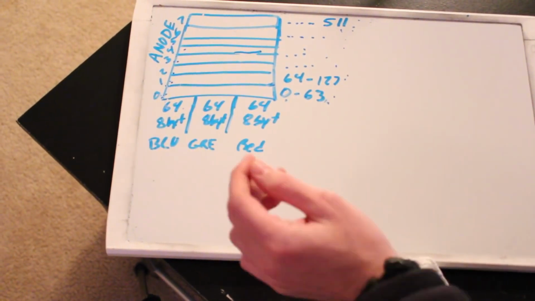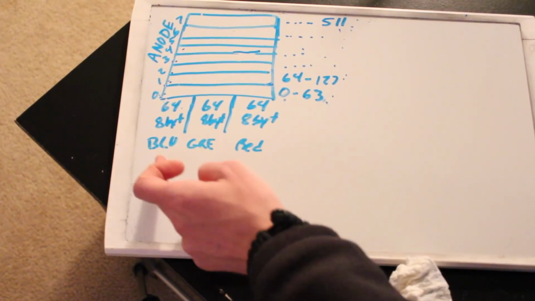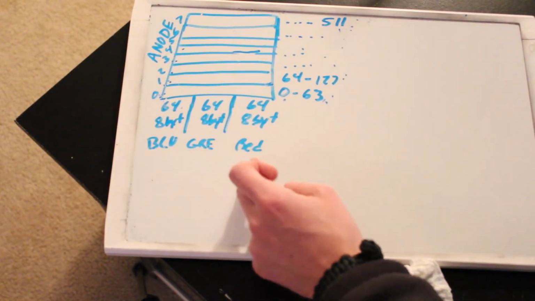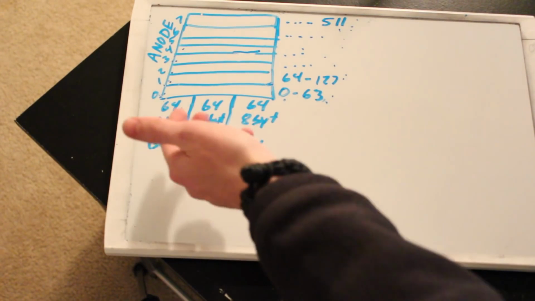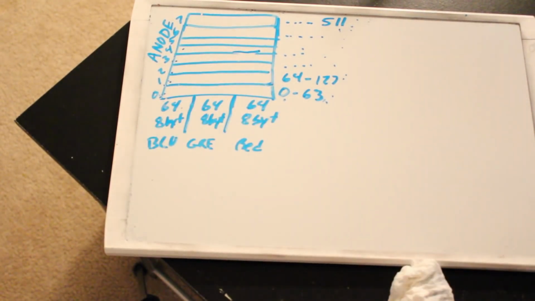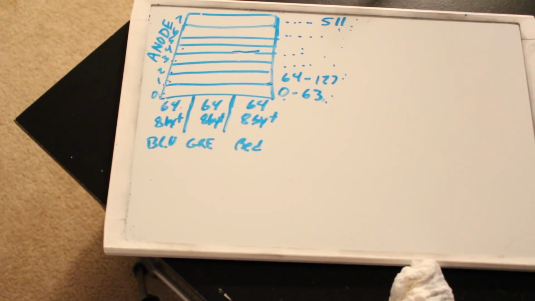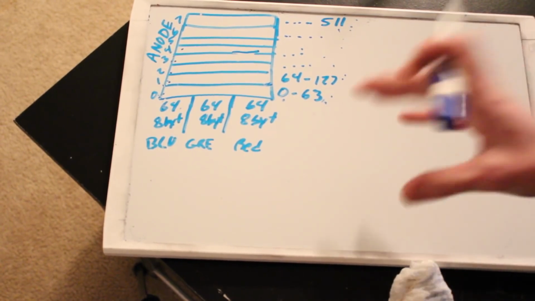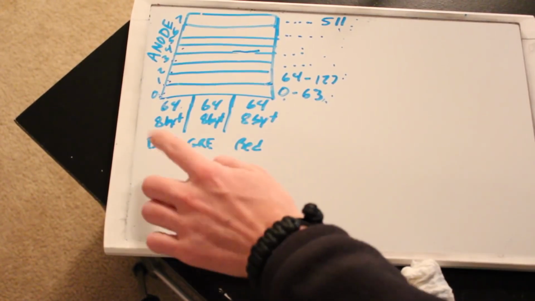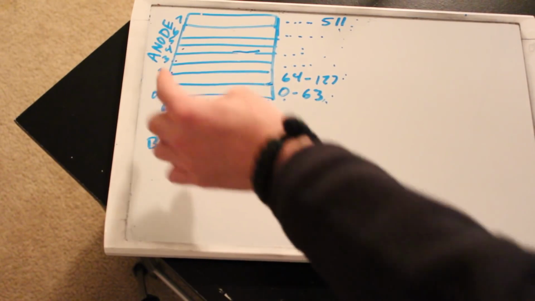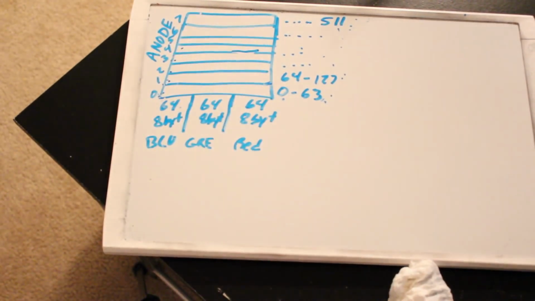So if you have 8 shift registers per each color, which we do have, each one of those pins can go into an output of a shift register, essentially. And you've seen the theory video and how that works. So we have a blue, green, red array of shift registers, essentially. So we have 8 blue, 8 green, 8 red, and then we have 1 shift register for the anode control.